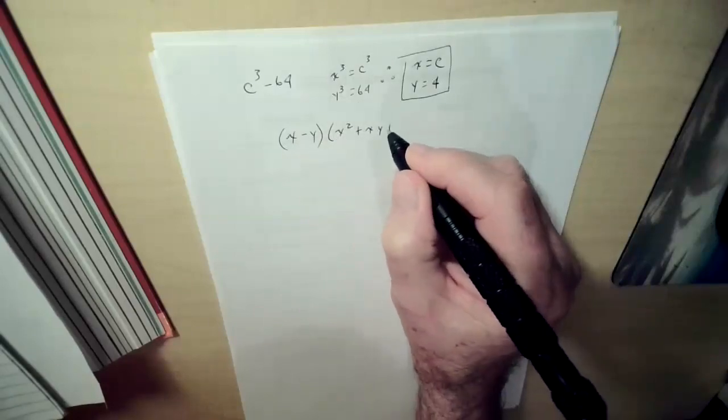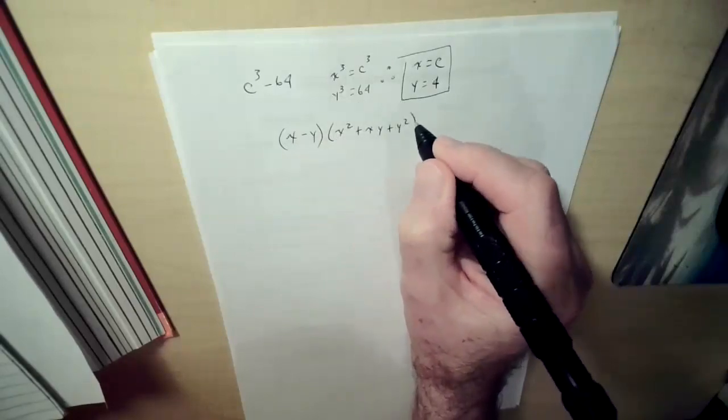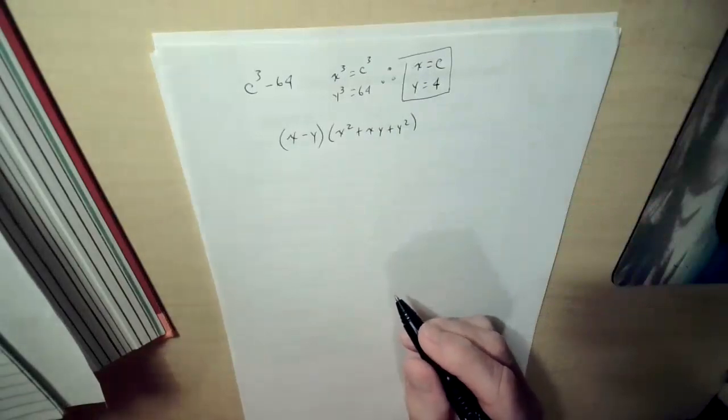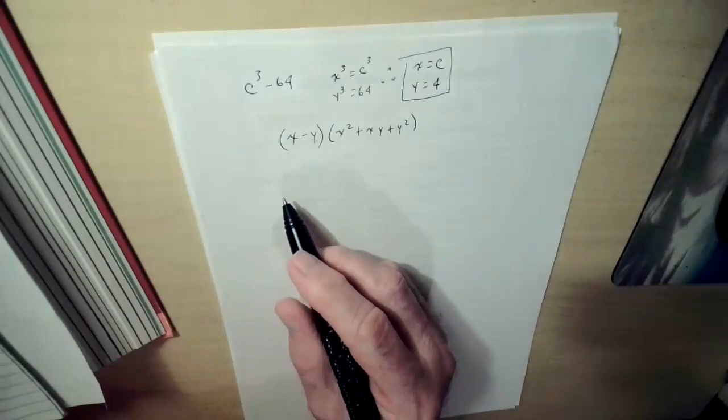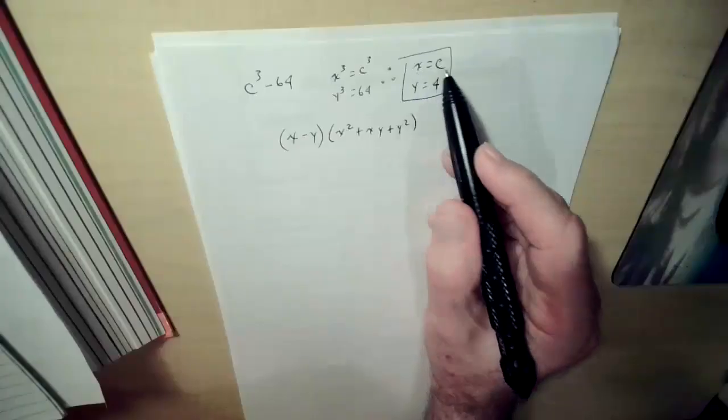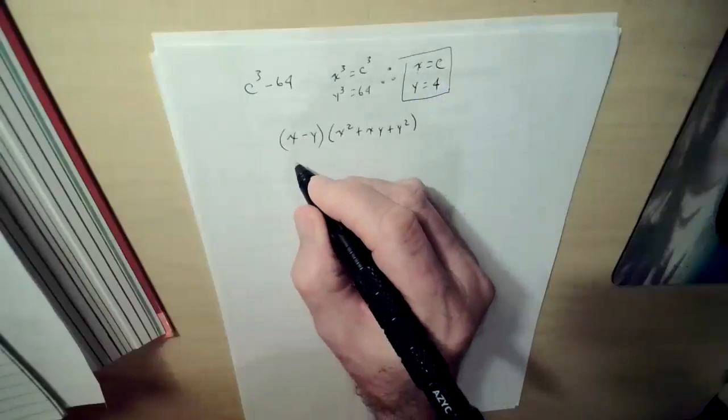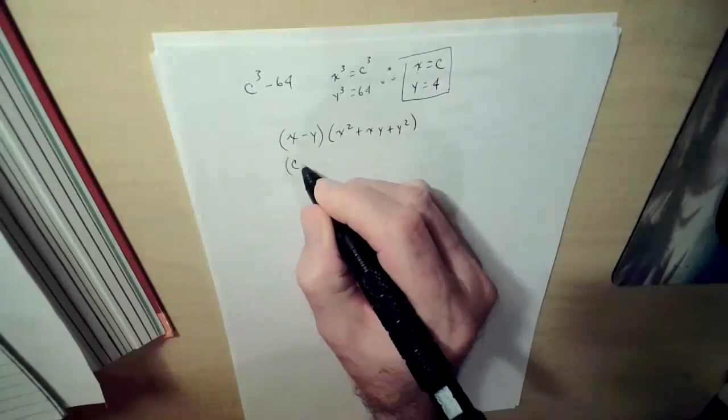Okay, so we do x minus y times x squared plus xy plus y squared.